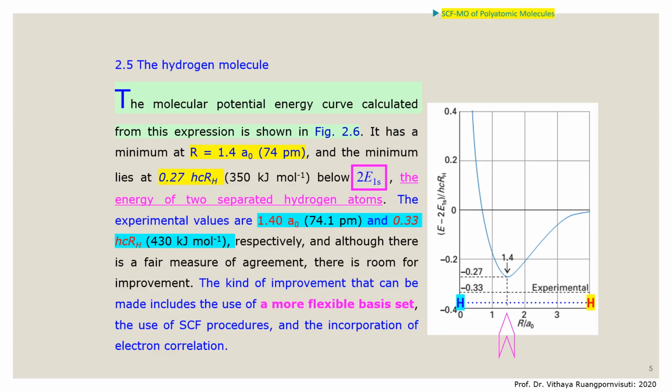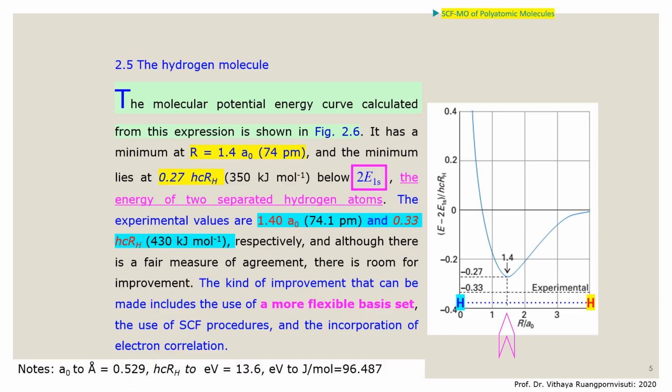The experimental values are 1.4 bohr radius and an energy of 0.33 Rydberg or 430 kilojoule per mole.